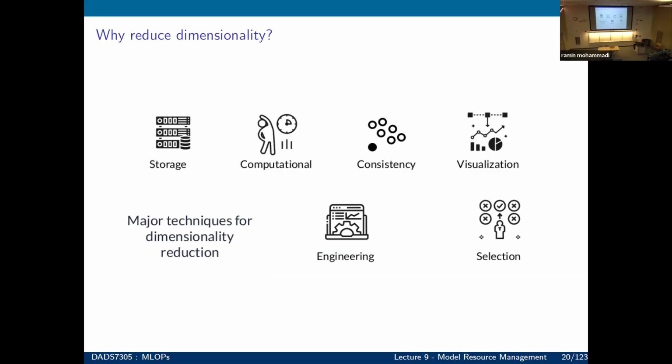Why do we reduce the dimension? For storage, that's the first thing. The more dimensions you have, the higher the cost of the storage. Computation, consistency, visualization, all of this needs some technique, like automated engineering or manual feature selection.